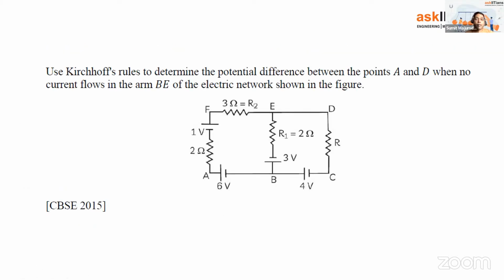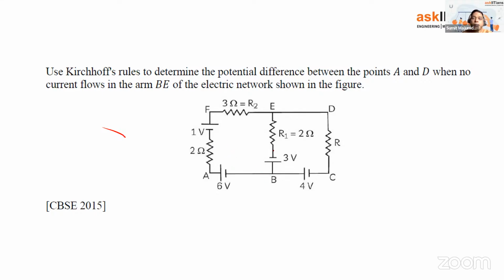Okay. Now this question, you may feel is again a question on Kirchhoff's law. No, this question does not need anything. You do not need to use Kirchhoff's law at all. Let me explain how and why. You can just use the junction rule, one loop equation and you're done.